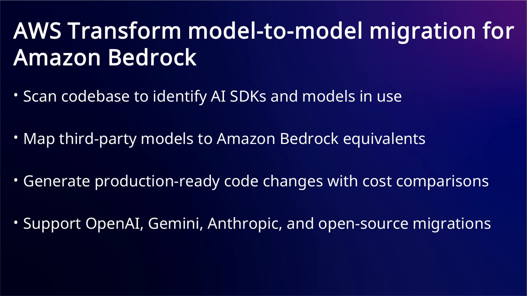The result is consolidated AI workloads with IAM-based security, VPC endpoint isolation, prompt caching, Amazon Bedrock Guardrails, and unified monitoring through Amazon CloudWatch. The feature is available in all AWS regions where AWS Transform is offered at no additional charge beyond standard pricing.